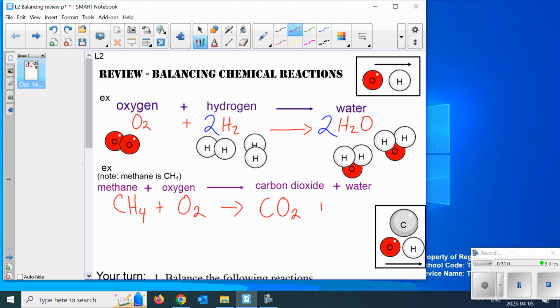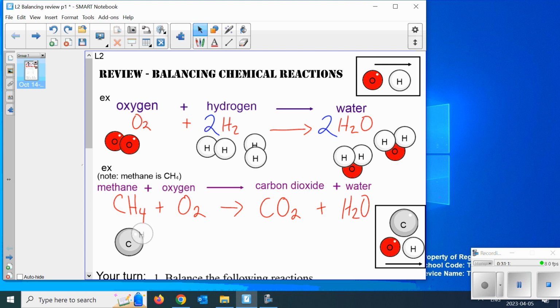Di-oxide, CO2, plus water. Now, I'll quickly do a diagram and we'll see. CH4, O2, arrow, CO2. See how this works.